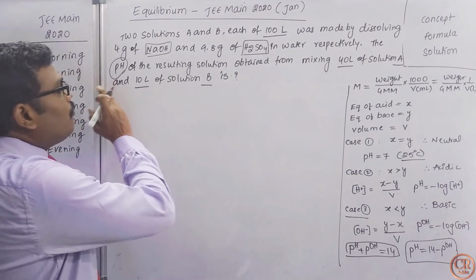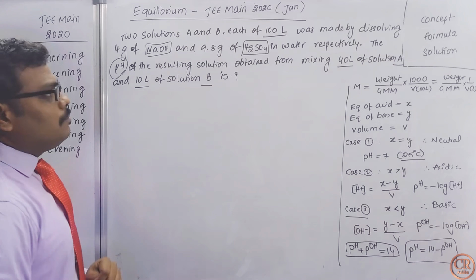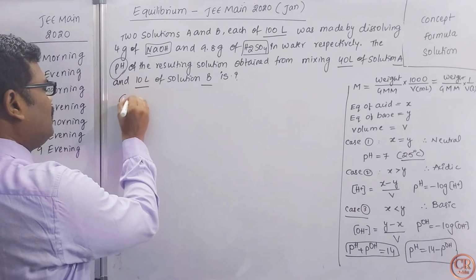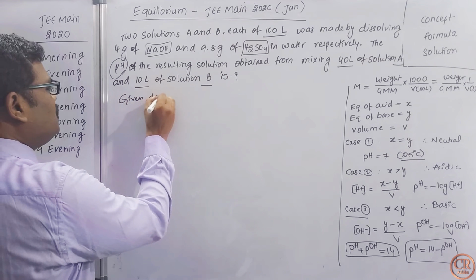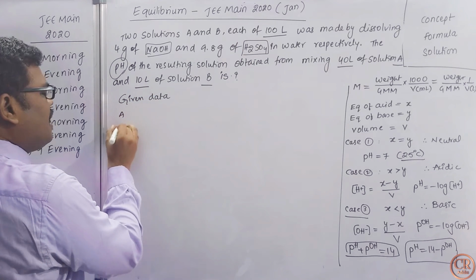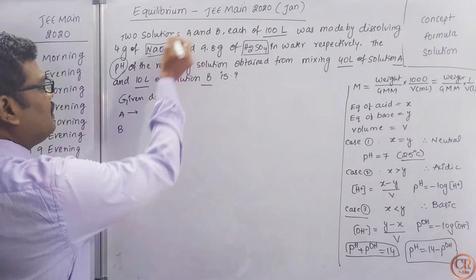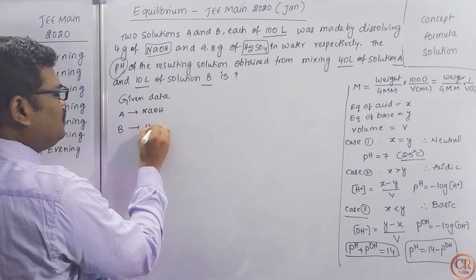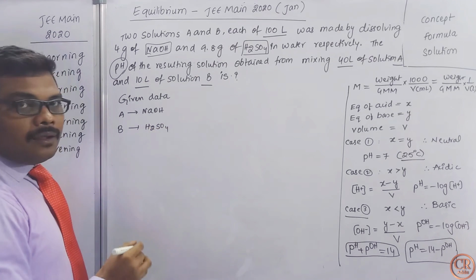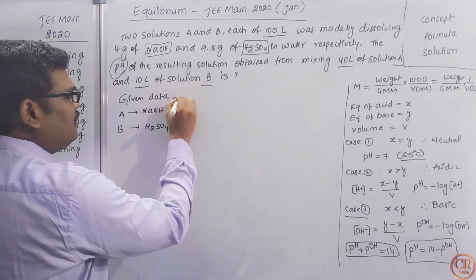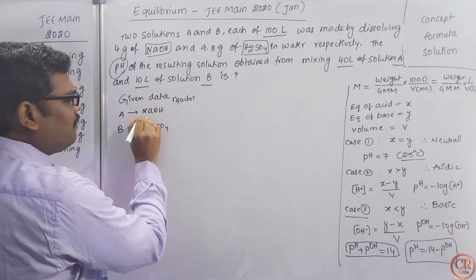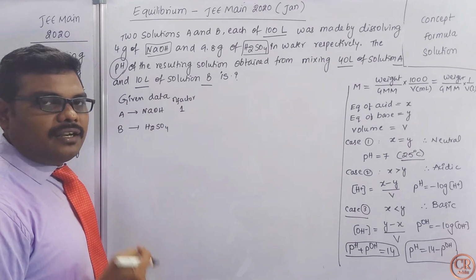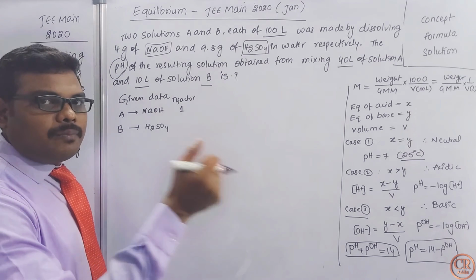So this is the suitable concept for this given question. Now, we try to solve this question, but before solving, we have to write the given data. So given data in this question, the given A and B, here A is NaOH, B is H2SO4. Now the n factor of NaOH is 1, because when NaOH dissociates, it gives Na plus and OH minus.